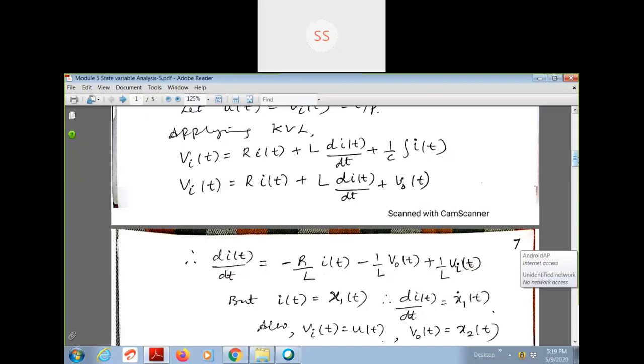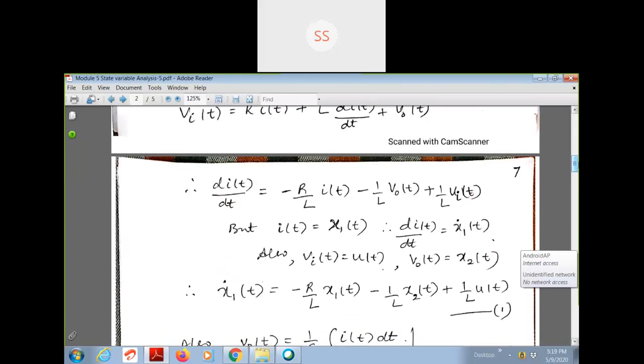After rearranging, let us substitute the designated values. We have called i of t as x1 of t, the first state variable, so wherever i of t is there in the above equation we can replace it by x1 of t. Similarly, d by dt of i of t can be written as x1 dot of t. Wherever the input vi of t is there, it can be replaced by u of t, and vo of t we have called the second state variable, x2 of t.